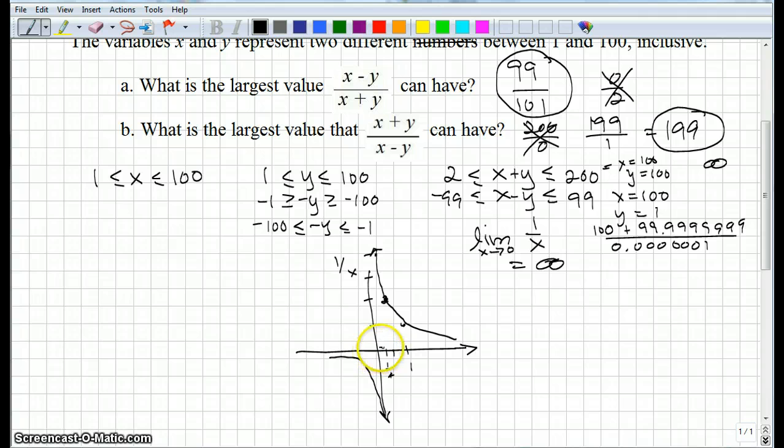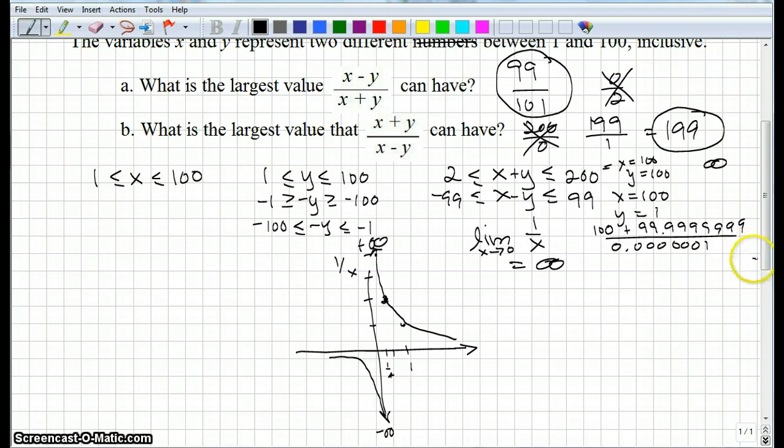If you plug in 0, it just blows up. It goes to positive infinity and negative infinity. So here's negative infinity down here, and here's positive infinity. It just blows up on you. But if you sneak up on it, you can actually get answers. So that's just an aside. Just an interesting thing about dividing by 0.